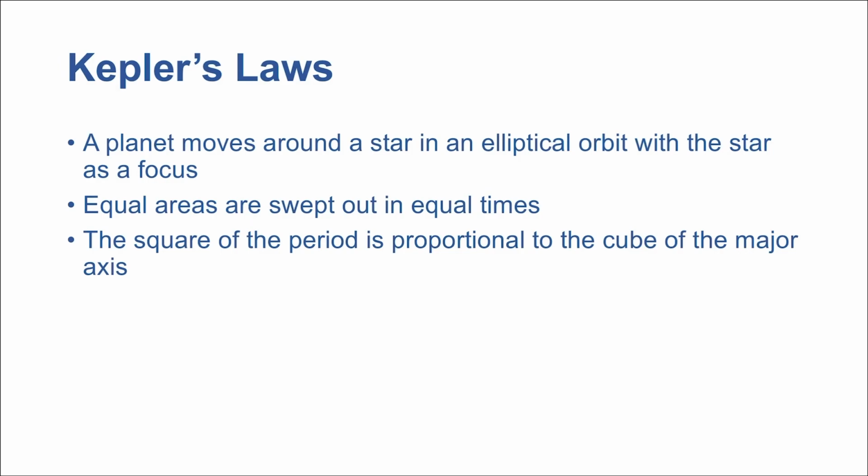The first law says that a planet moves around a star in an elliptical orbit with the star as a focus. So now if we remember what an ellipse is, I have an ellipse, let me draw a vertical ellipse, a really bad vertical ellipse. I tend to sketch things, it makes things a little bit less horrible.